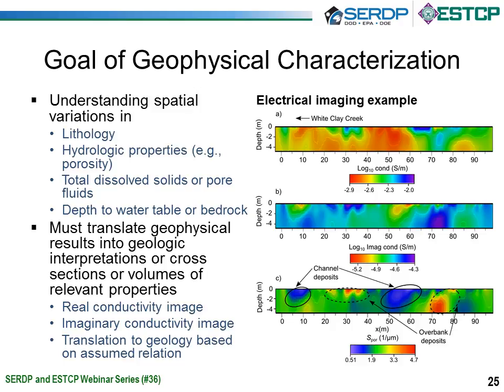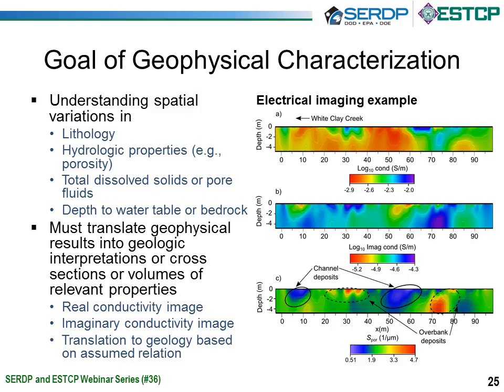Perhaps we want to use geophysics to map the spatial distribution of dissolved solids or pore fluids if we're considering contamination. Perhaps we're interested in depth to water table or bedrock, for example. So these are all kind of things that we might use to do a geophysical characterization. These are the kind of targets.